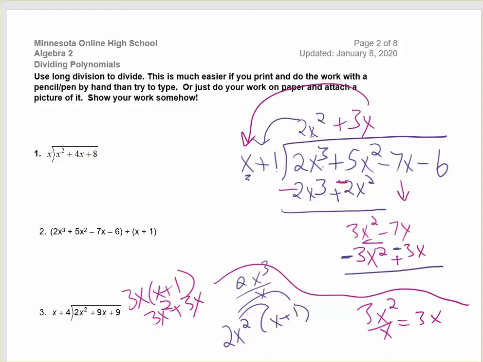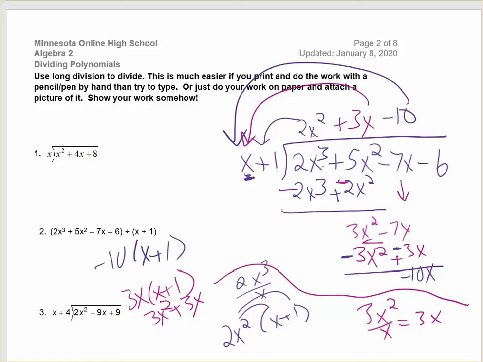So 3x squared minus 3x squared, that's 0. Now we have negative 7x minus 3x, that's minus 10x. So now we have to take negative 10x, divide by x. Well, that one's a little easier to do in our head, that's just negative 10. And then we multiply back one more time. So negative 10 times x plus 1.